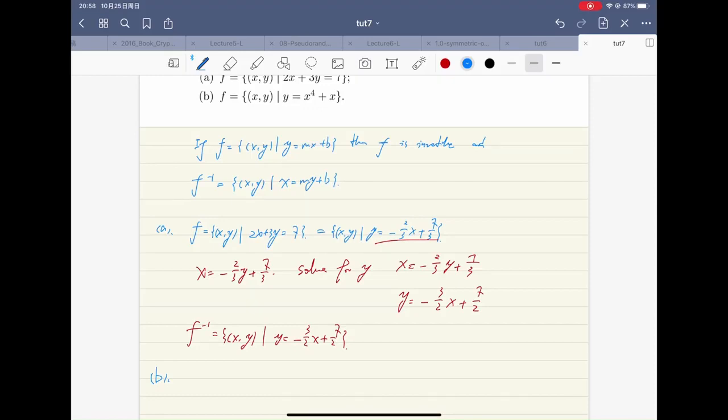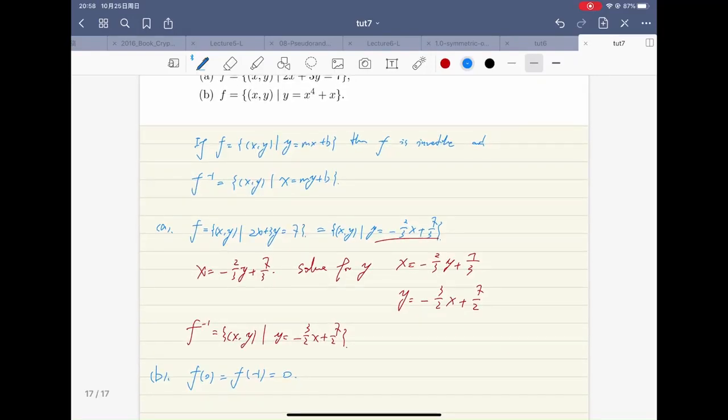Because if we can find some values where f(a) equals f(b) but a does not equal b, then the function is not one-to-one. So here we have something like f(0) equals f(negative 1) equals 0.